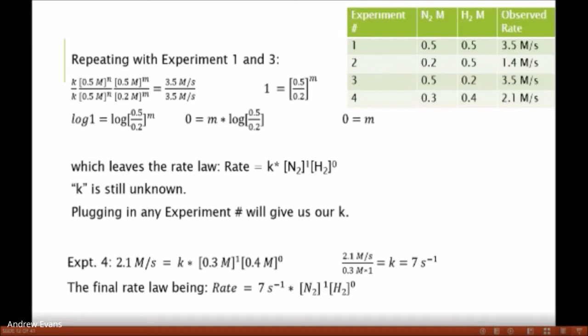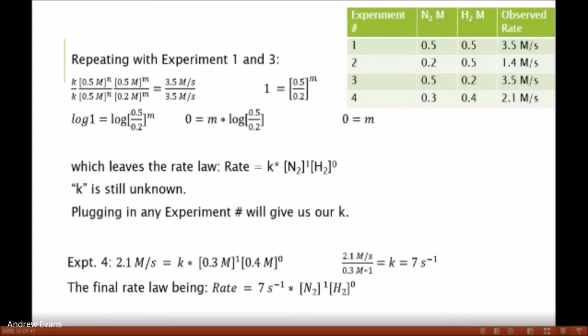Because 0.4 to the 0th is 1, it becomes 2.1 divided by 0.3. So the reaction rate constant is 7 inverse seconds. The inverse second unit is there to cancel out all of our units and leave us with a rate being molarity per second, because molarity times inverse seconds gives us molarity per second.